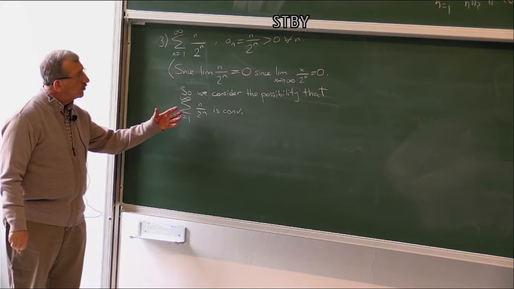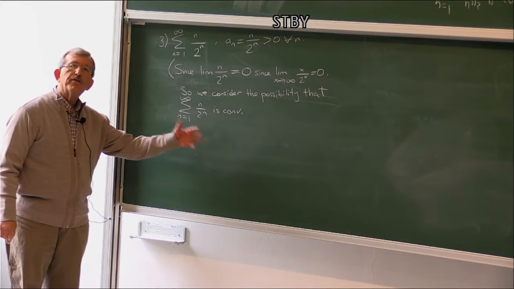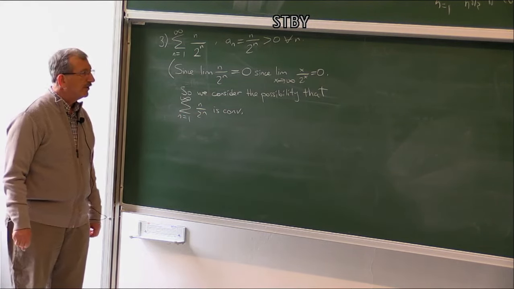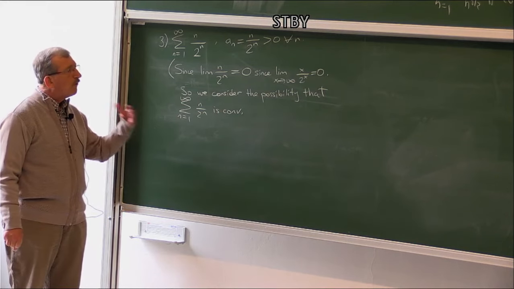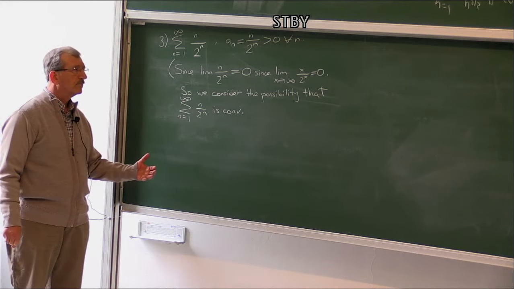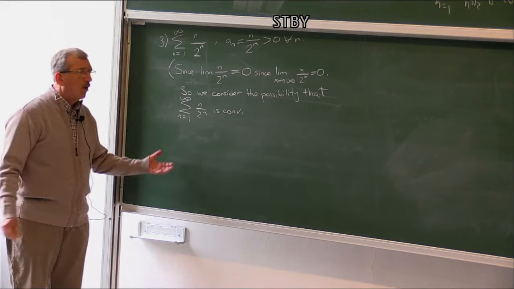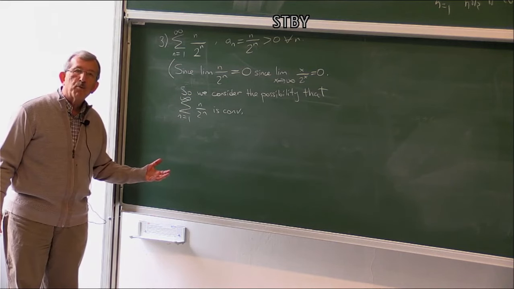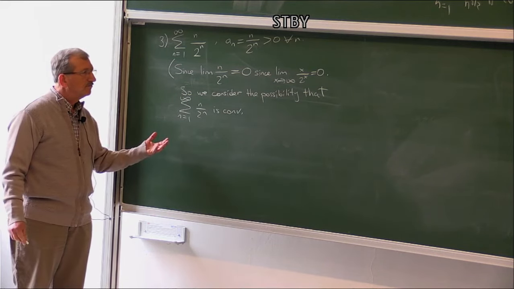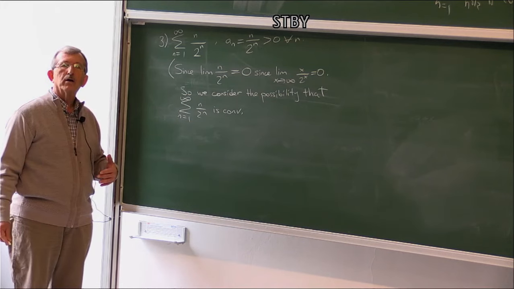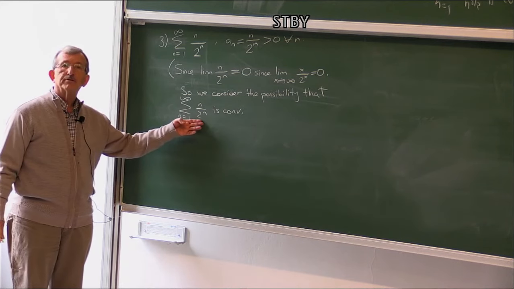Well, we have to compare it with another series whose terms form a convergent series. What do we know about convergent series at this point? We have the geometric series, or the p-series.